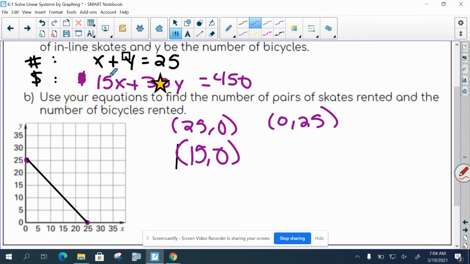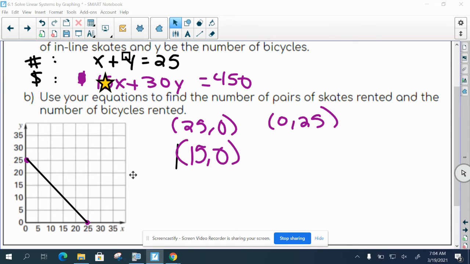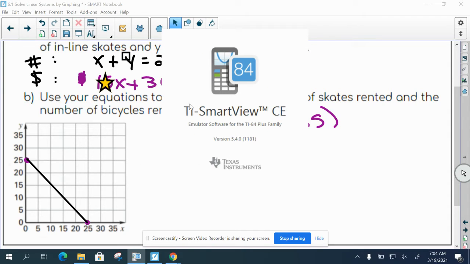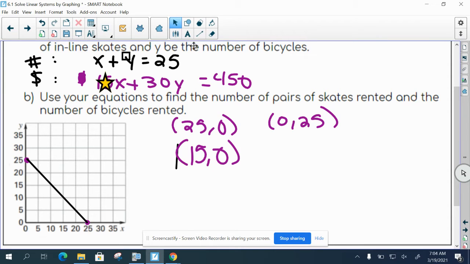Sorry, I'm mixing them up. 450 divided by 15 is 30, and 450 divided by 30 is 15.